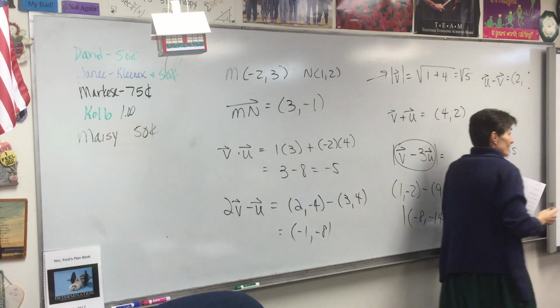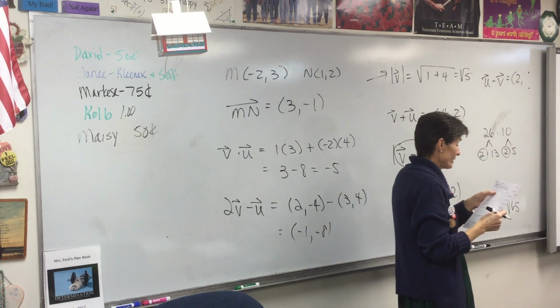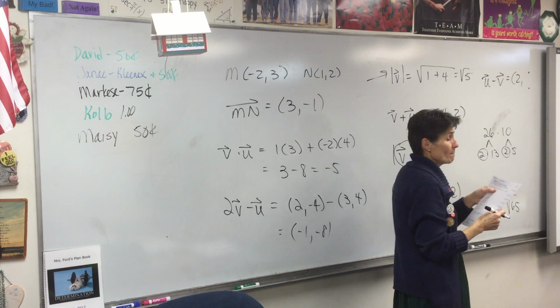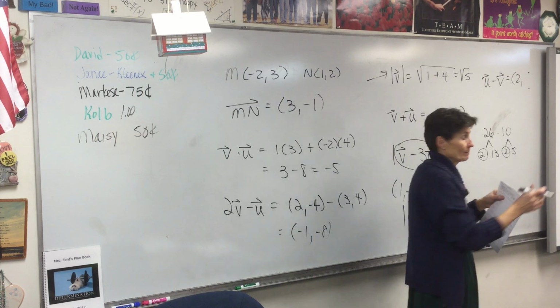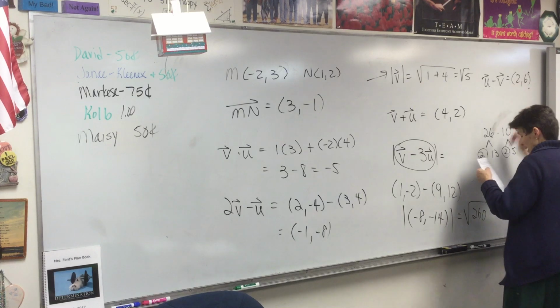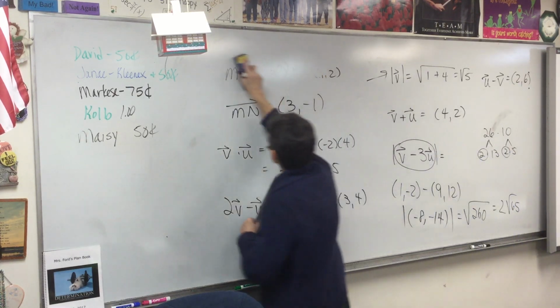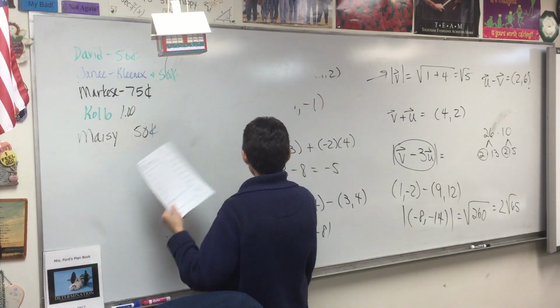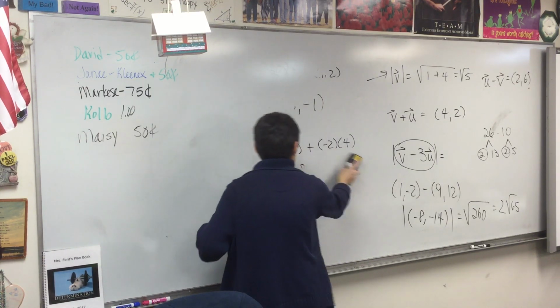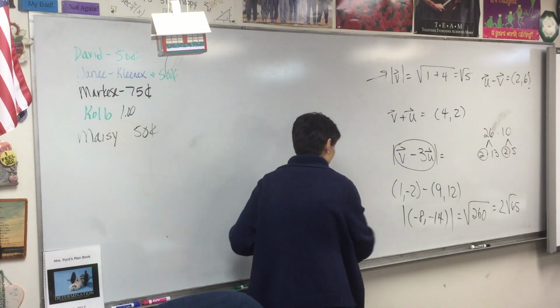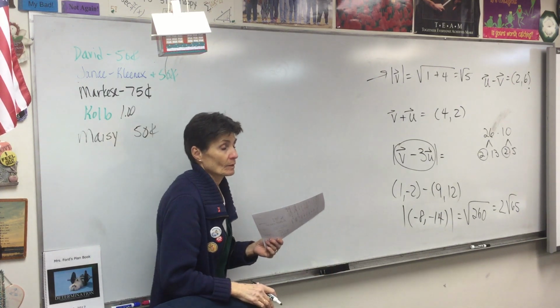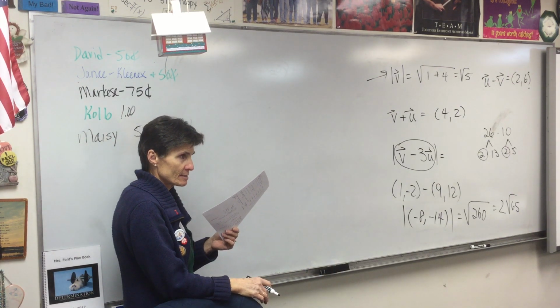I'm doing X minus X, Y minus Y. So 3 minus 1, and then 4 minus negative 2. Done. There we go. Section 1 or 2, problem 2 is finished. Are we all right with all that? I hope you're thinking easy.